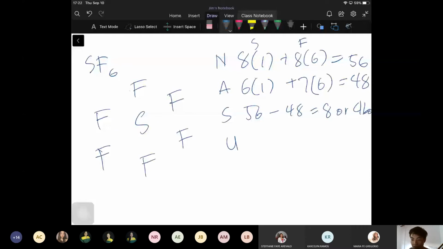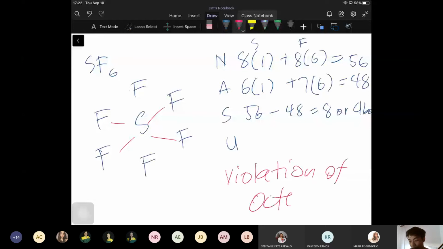Kasi kapag i-connect natin yung 4 na yan, may 2 atoms na hindi madudugtungan. So, magtataka ka, hala, paano to? So, pag ganyan, pag kinulang yung shared electrons, this is a violation of octet rule. So, pag kinulang yung shared electrons to bond all the atoms, violation of octet rule yan.